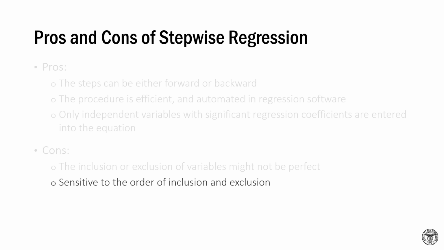Second, stepwise selection can be sensitive to the order in which variables are added or removed, causing instability in the final model. Third, the method is often criticized for being too simplistic and not incorporating enough domain knowledge or theory.